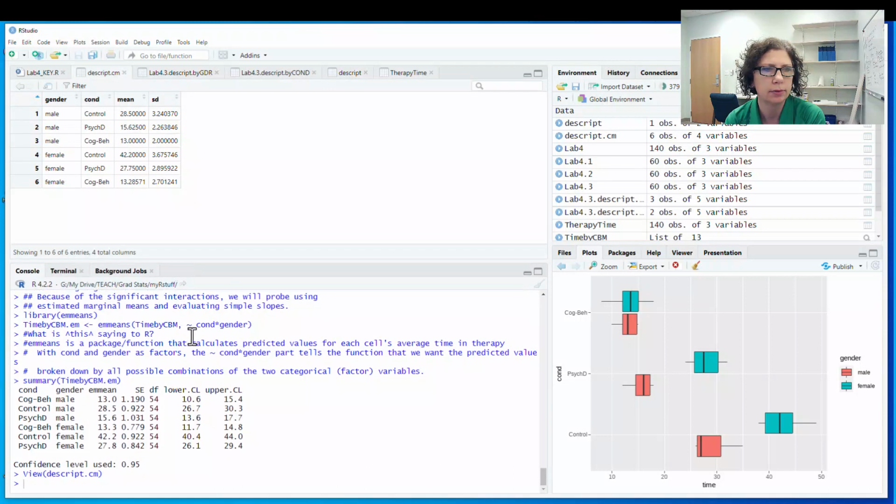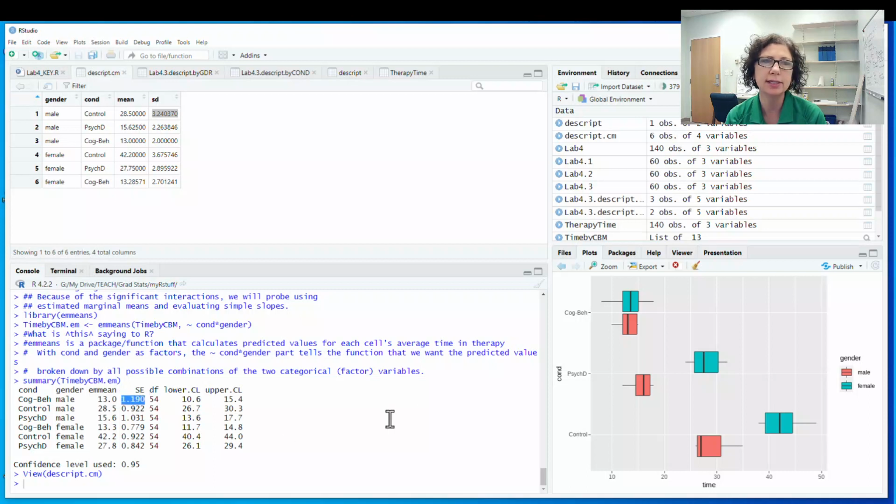Bring it up so you can see it. So we had the mean, but when we did descriptives, we got the standard deviation, right? And that's the distribution of the outcome of therapy time, the average therapy time, and how it's distributed. The difference here is this guy. This is the standard error.